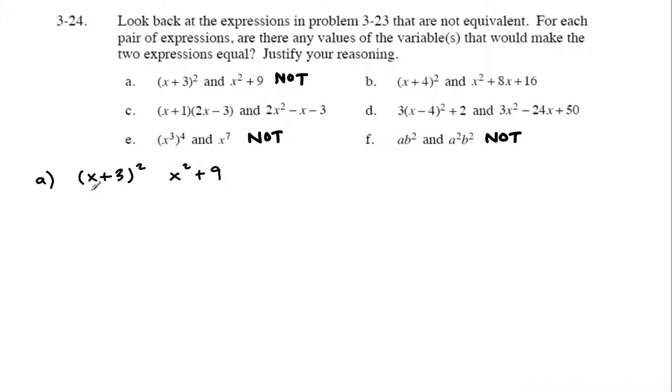So if we look here at plugging in 0 for x, we would say 0 plus 3 squared. Well, that's the same thing as 3 squared. And when we square 3, we end up with 9. So we know that the value of that would be 9 when we plug in 0 for x. If we do the same thing here, if we plug in 0, we'd say 0 squared plus 9. Well, 0 squared is 0, and when you add 0 to 9, you're going to get 9 also.